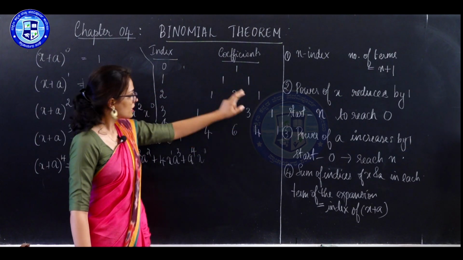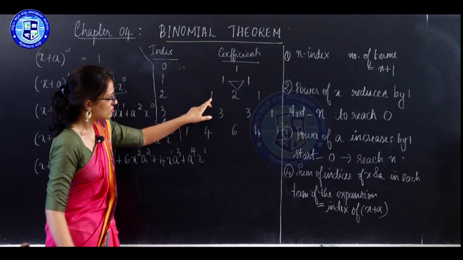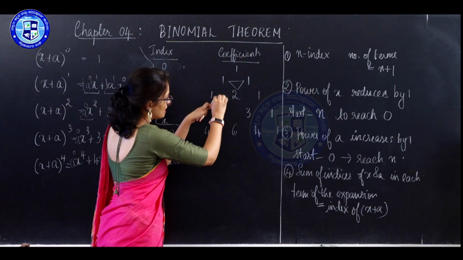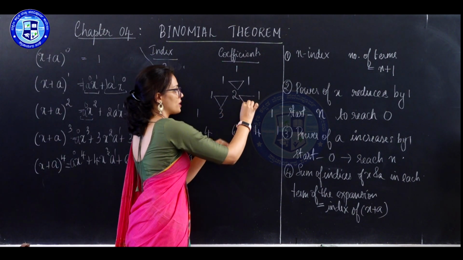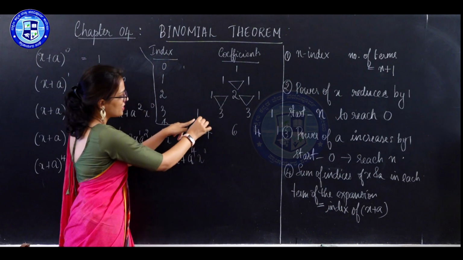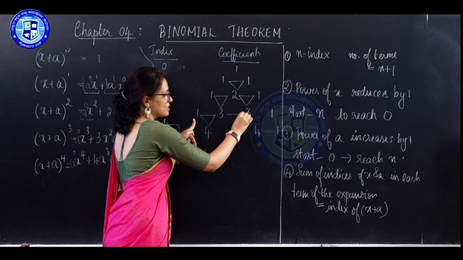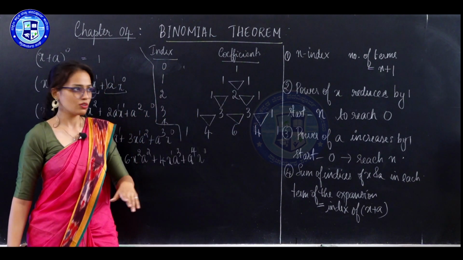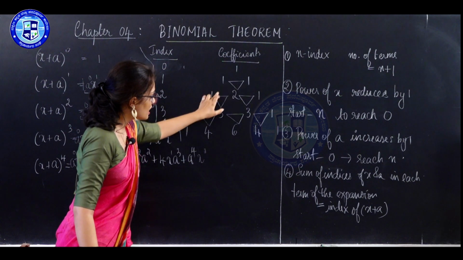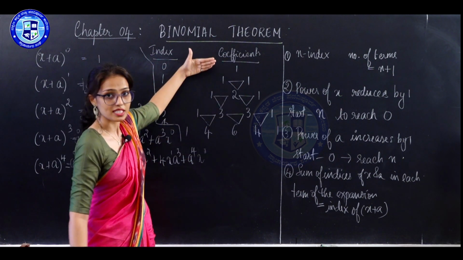You see, 1 plus 1 gives us 2. Here 1 plus 2 gives us 3, 2 plus 1 gives us 3. Here we have 3 plus 1 gives us 4, 3 plus 3 gives us 6, 3 plus 1 gives us 4. So you see, the terms in between are the sum of the previous two terms of the previous expansion.